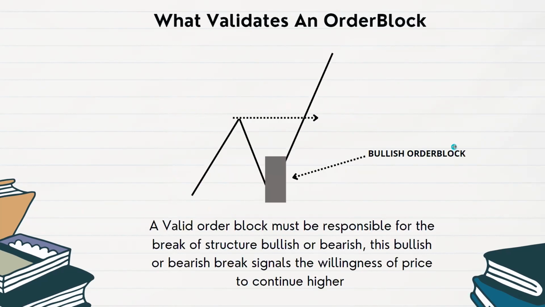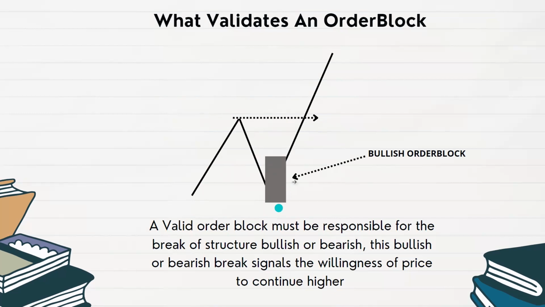So just like we talked about in the Understanding Buyers and Sellers Territory lecture, a valid order block must be responsible for the break of structure, bullish or bearish. Now, this bullish or bearish break signals the willingness of price to continue higher. And in this example, we have a bullish order block: we have an impulse, a retracement, and an impulse causing the break of structure to the left, indicating the willingness of price to continue upward.